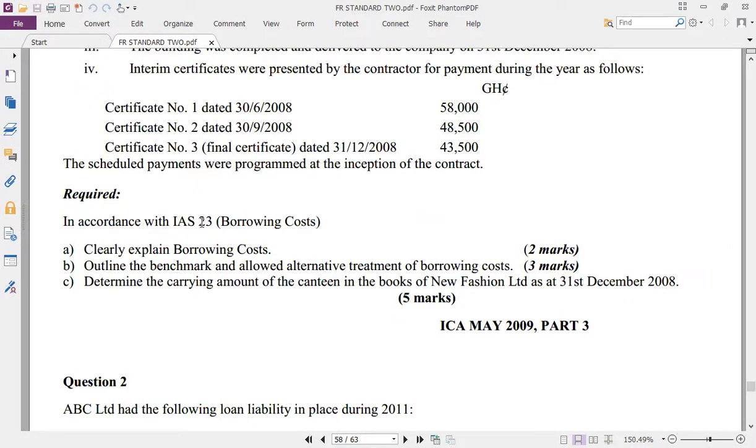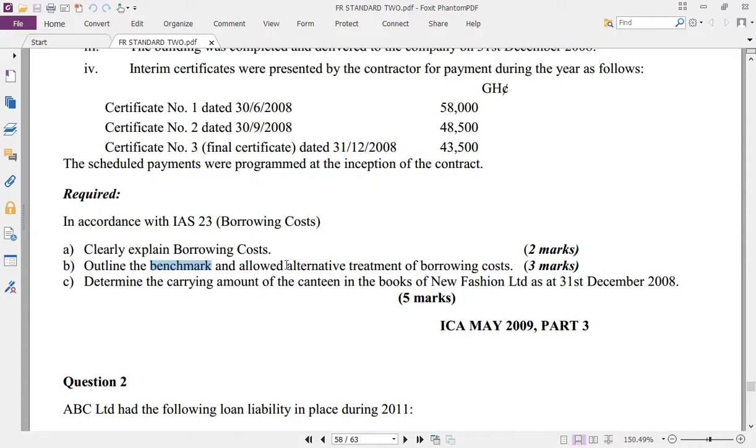According to IAS 23 borrowing costs, clearly explain borrowing costs (2 marks), outline the benchmark and allowed treatment. What's the benchmark treatment? That's the traditional view. Benchmark: all borrowing costs must be expensed, that is all.